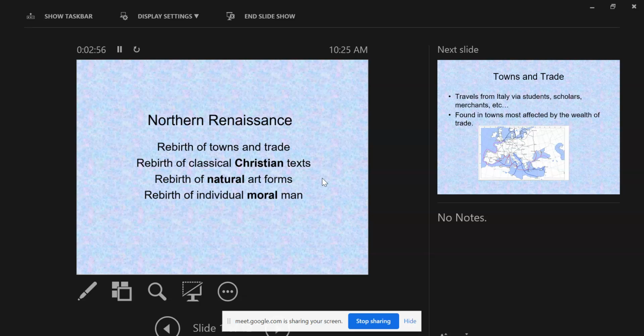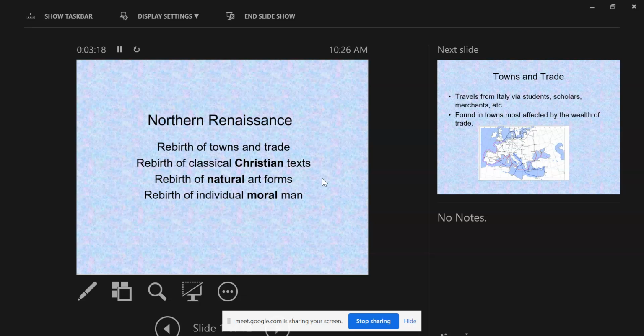Also, it's the rebirth of individual moral man. I think, and I hope that I argued about the Italian Renaissance, that really it was kind of a selfish sort of Renaissance. People were interested in showing off their talents. People were interested in getting rich, being famous, enjoying their wealth for themselves.